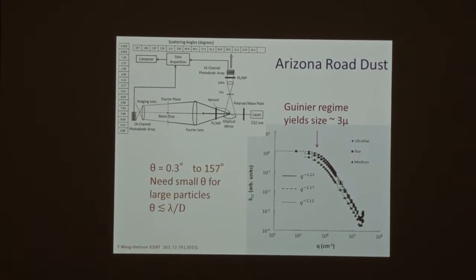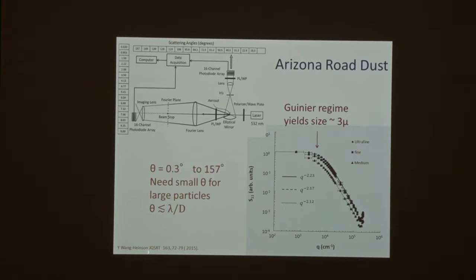So we've done our own experiments. Again, Yuli's done this work too. She built this apparatus. We can scatter from 3/10 of a degree out to about 10 degrees with one of our detectors. And then with a side detector, we can go from about 15 degrees to 150 degrees.